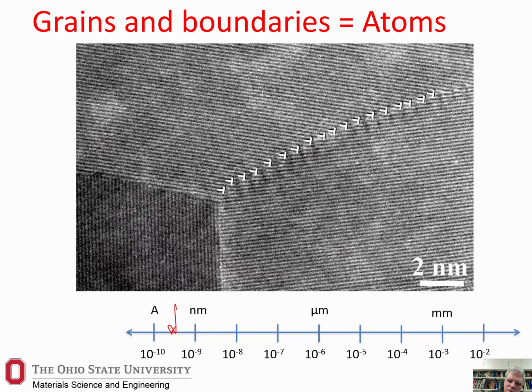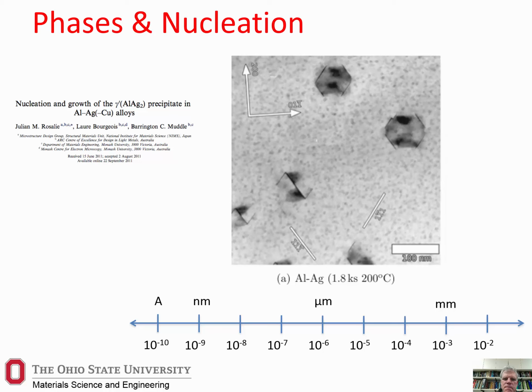These are basically atoms sitting here. This is 2 nanometers. You can see the atoms fitting together and forming these fairly neat boundaries in that case. Sometimes the boundaries are messier than that, but you're basically seeing the atomic contrast between atomic planes there, which is pretty neat. So we can study things at multiple length scales.